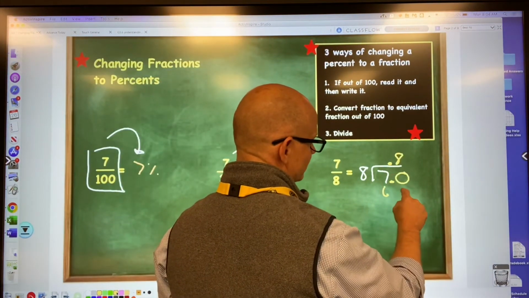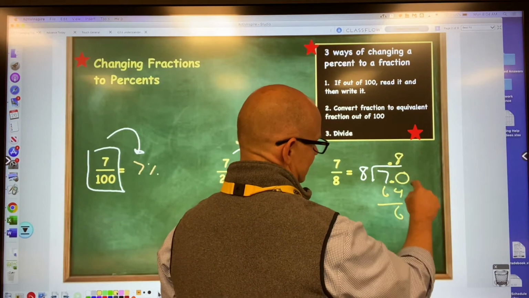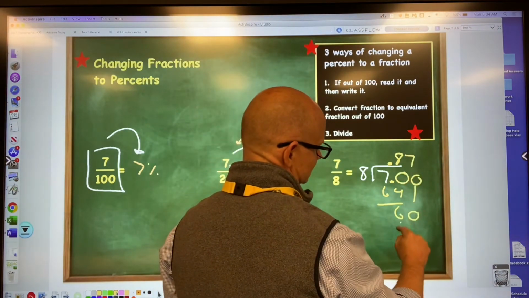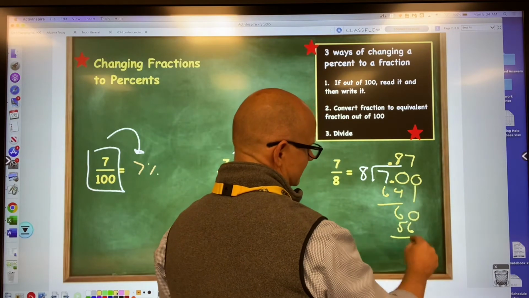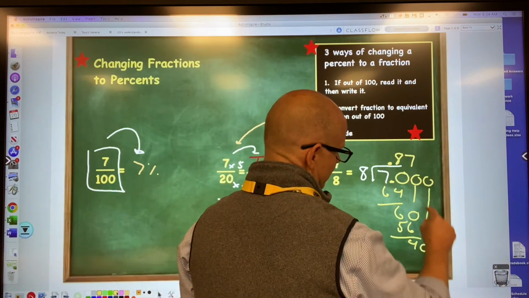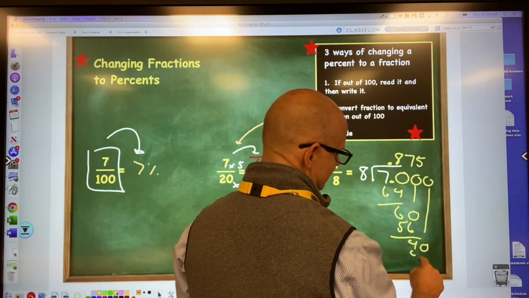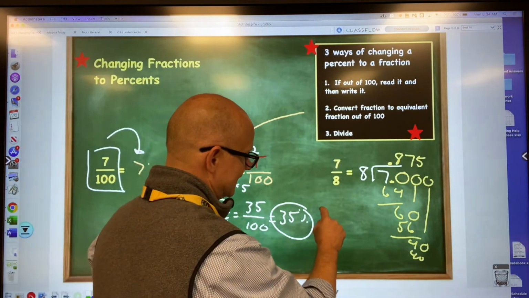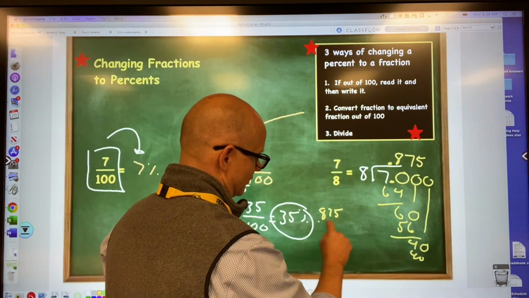This is 64, my remainder is 6. Add a 0, bring it down. 8 goes into 60, 7 times. This is 56, my remainder is 4. Add another 0, bring it down. And I get 0.875.